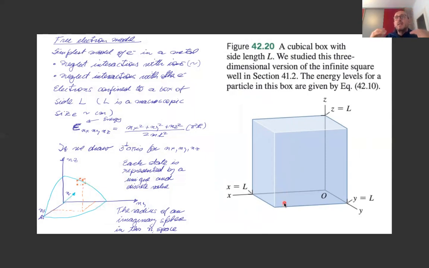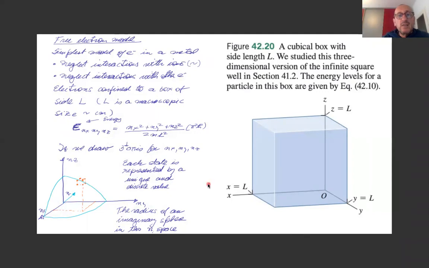And the question is, if I use this free electron model, what would be the highest energy that I could fill? The same problem that I gave you before, but now what I want to find out is, when the number of electrons in the box is huge, how high does the energy go?